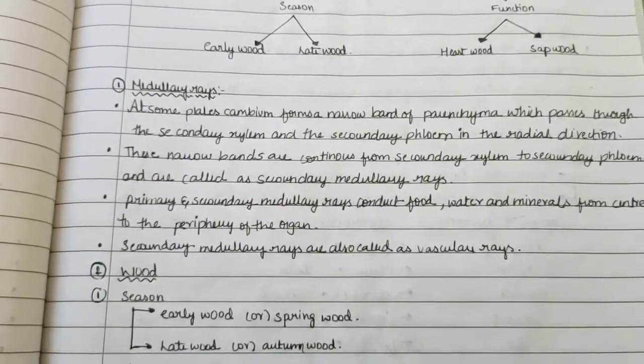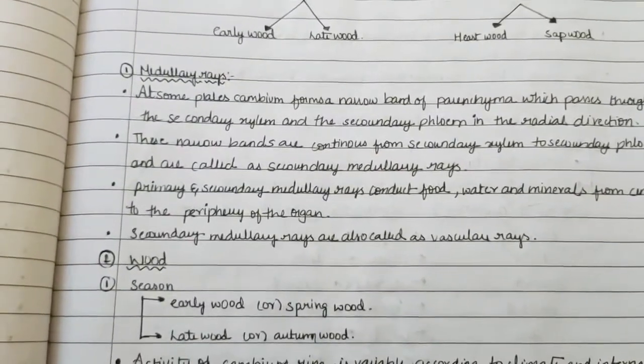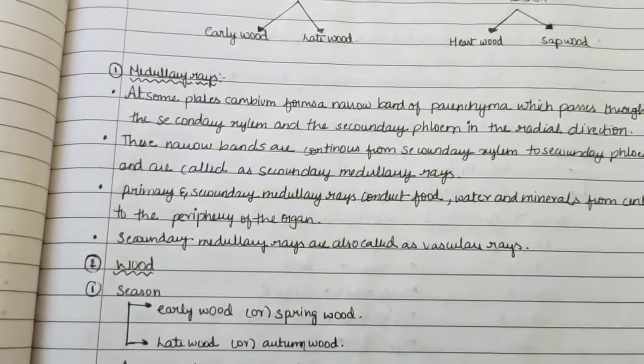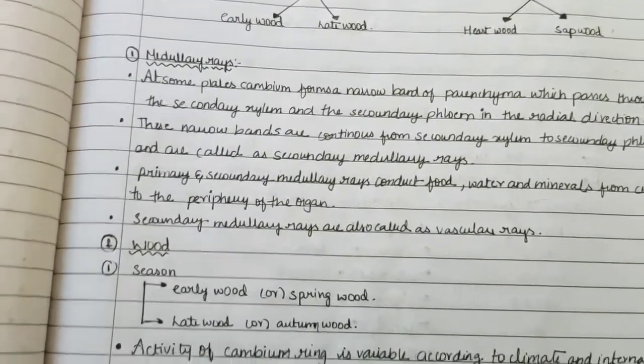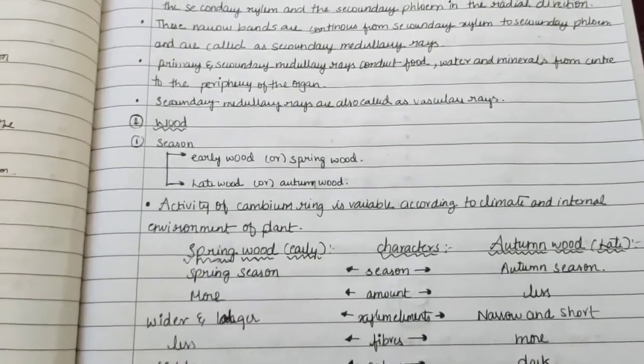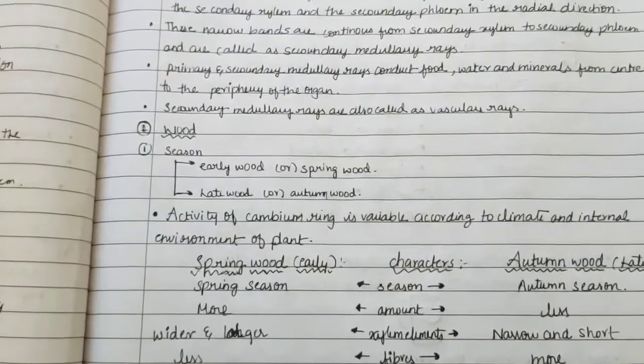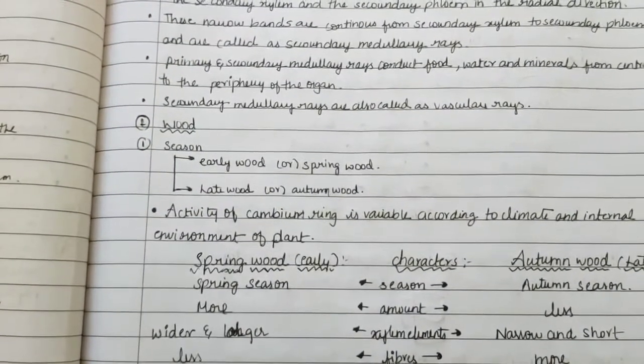These narrow bands are conduits from secondary xylem to the secondary phloem and are called secondary medullary rays. Primary and secondary medullary rays conduct food, water and minerals from the center to the periphery of the organs. The secondary medullary rays are also called vascular rays.